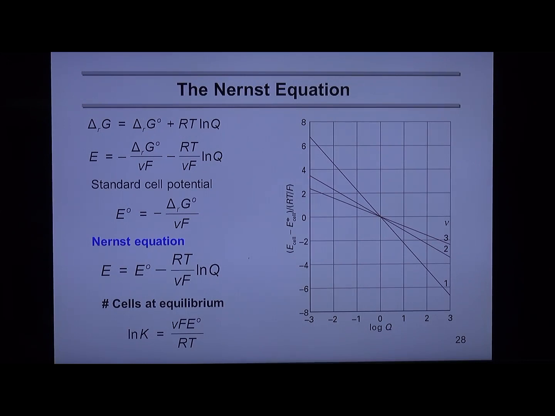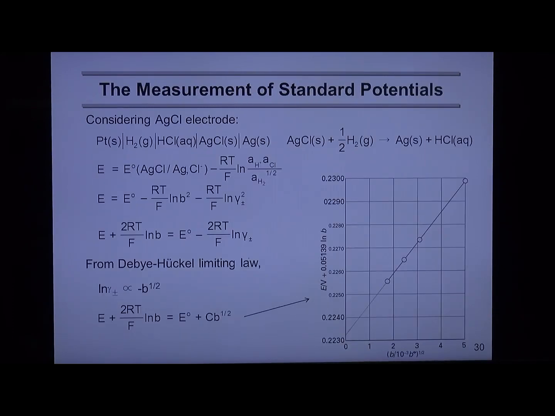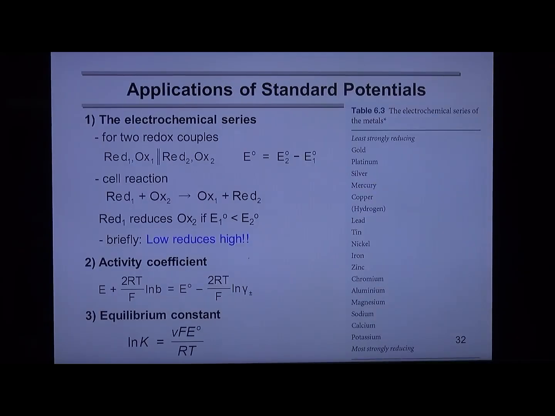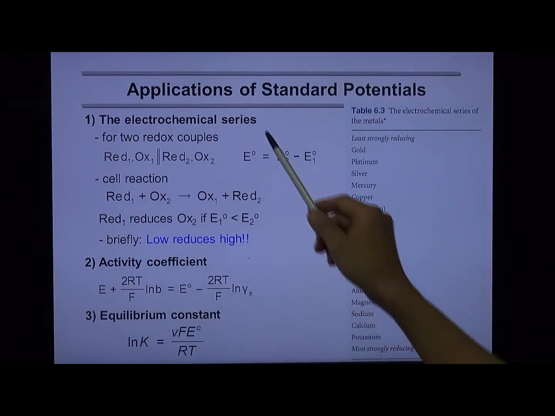If this is negative, K is smaller than 1, which means that the reverse reaction is spontaneous. The forward reaction cannot occur spontaneously. So depending on the sign of electrode potential and how large the number is, we can determine the direction of the chemical reaction, and also spontaneity.